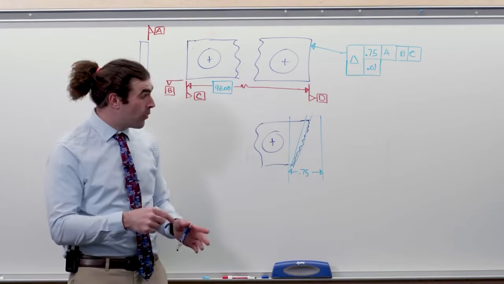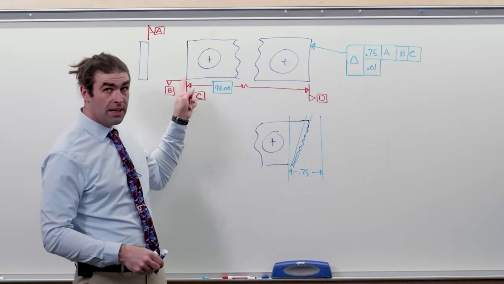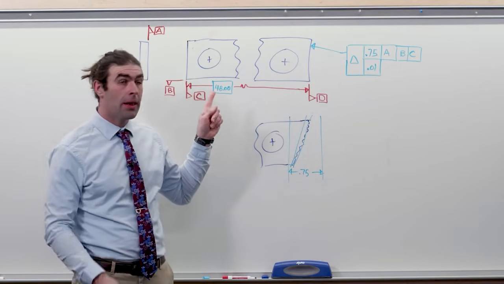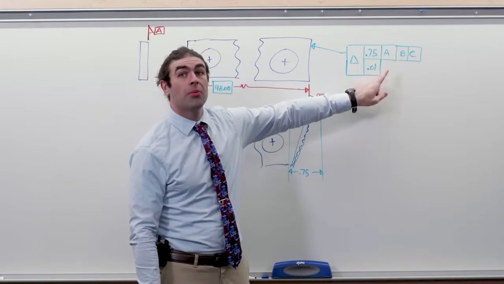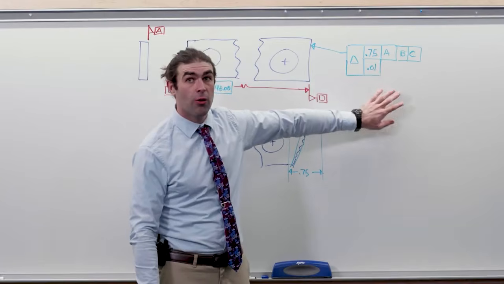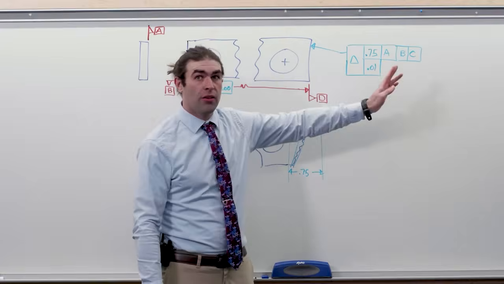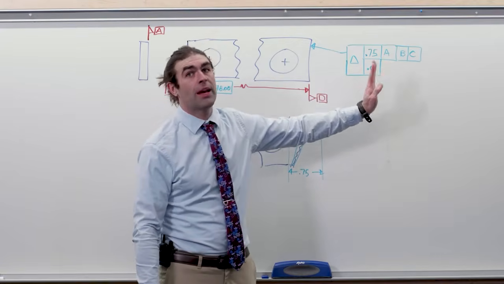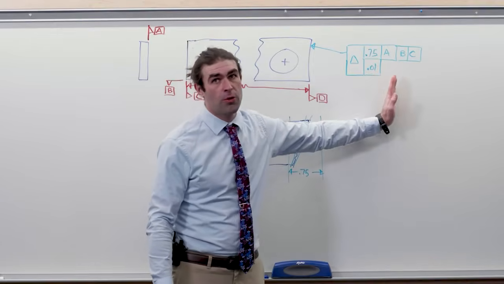Now, if we wanted to make this surface perpendicular to B, which is kind of what we want, we would have to do datum B right here first. But with a composite profile or position, we cannot go out of the order of the top datums. Okay, we have to stick with those. So if this is A, B, and C, we have to start with A and then go to B down here.